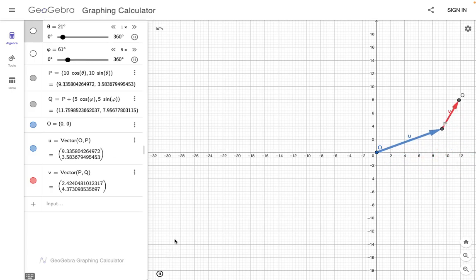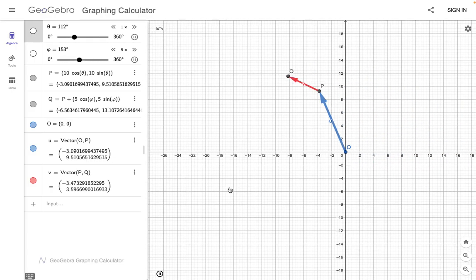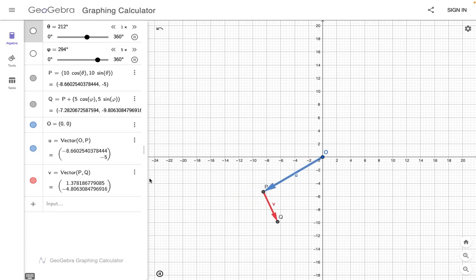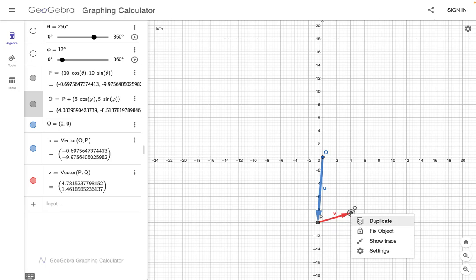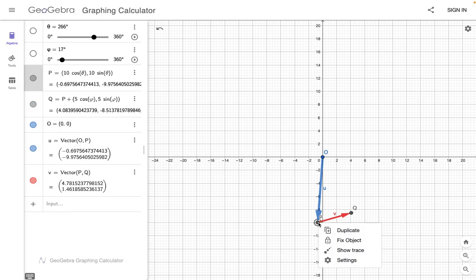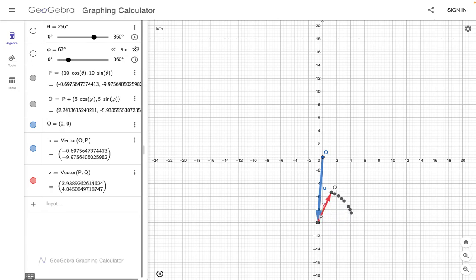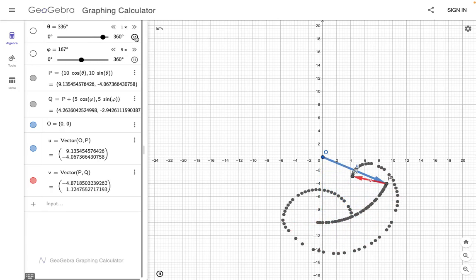Another thing I want to show you is that if we select the trace option for points Q and P, we will be able to see their trajectory, or locus, when they rotate. Let us see how it changes.